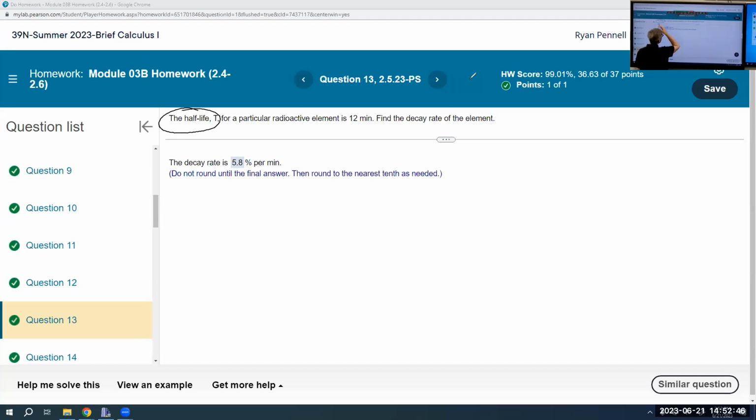Anyway, so half-life. It's saying that for a particular radioactive element the half-life is 12 minutes. So they're giving us the T here. T equals 12 minutes. The decay rate is what we're looking for. What is the rate? That's what we're looking for. With this question, we have to bring quite a bit with us.